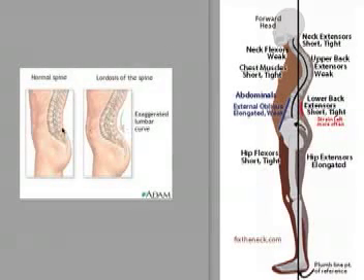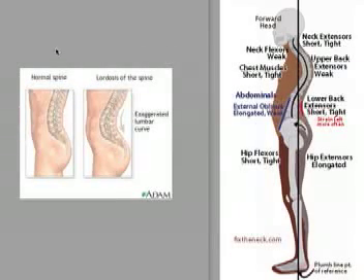If we look at this picture on the left hand side, we have a natural curve of the spine. In this position, your spine has a curve of the lumbar spine, a curve of the thoracic spine, and then a curve of the cervical spine, which is up in the neck. The lumbar and the cervical spine curves are known as lordotic curves.